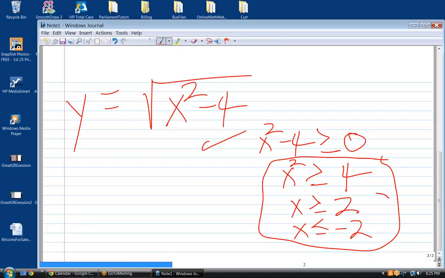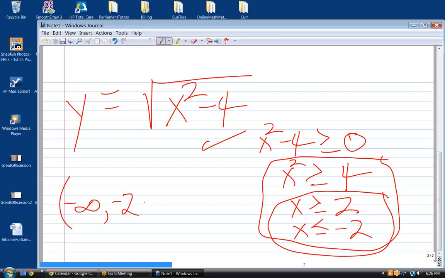So what is the domain in interval notation? Take what I've circled there and give it to me in interval notation. So it would be negative infinity, comma 2. No? Negative 2. Right? In other words, always go from left to right.